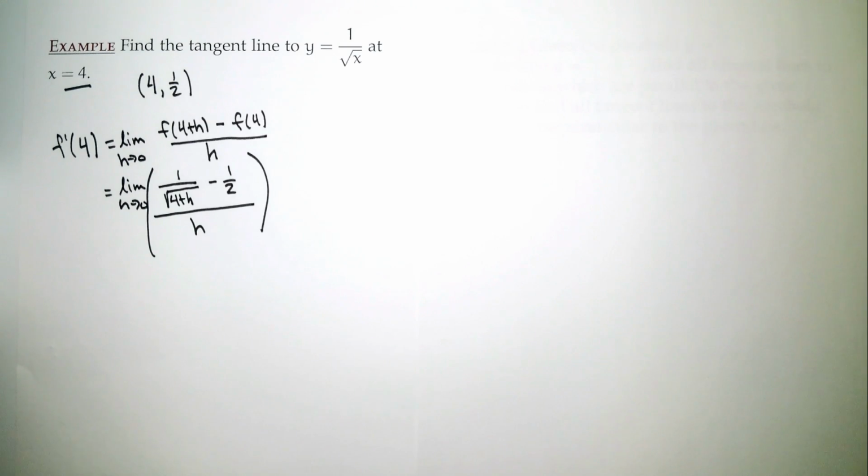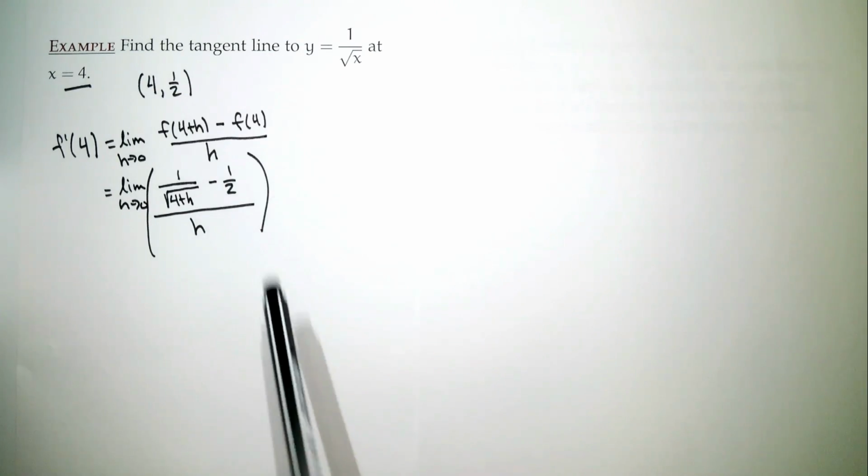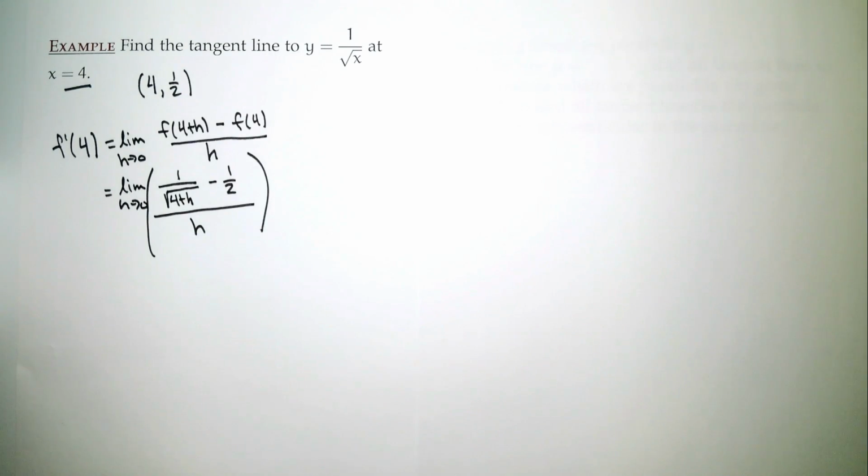So there's a couple things that you can do. And when I say there's a couple things, there's sort of two different orders. One thing you can do is you can actually do a conjugate here. You can say, hey, I'll multiply by 1 over square root of 4 plus h plus 1 over 2. And that will help get you closer. You get rid of that square root.